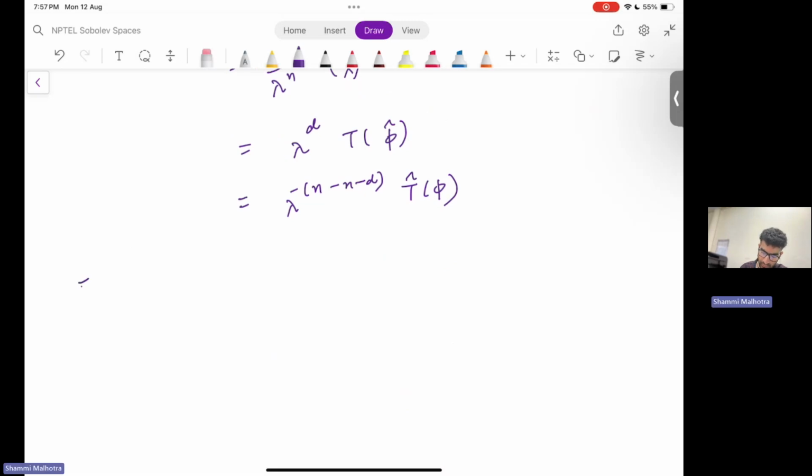So this gives that T hat is actually homogeneous of degree minus n minus d. And this proves our claim. So it was just manipulations. And with this, I end today's session. Thank you.